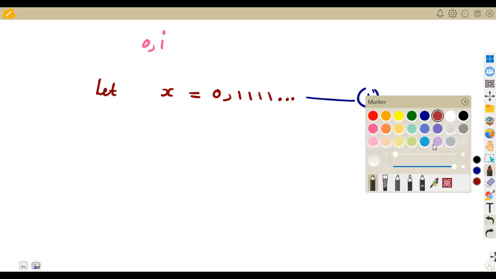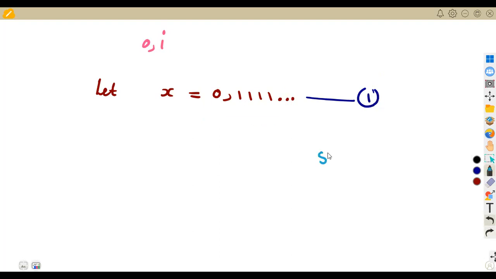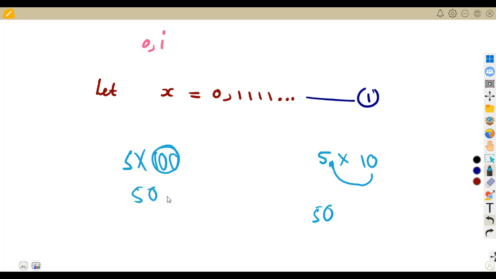Take a closer look, guys. If I multiply 5 times 10, I just have to add a 0. If it is 5 times 100, I just have 2 zeros at the end, 500. The number that you had before is still there. The only part that we have are the zeros. So this is the idea.